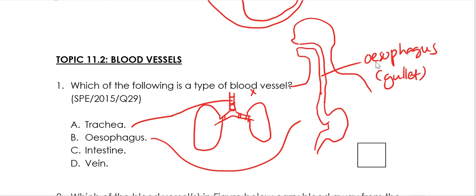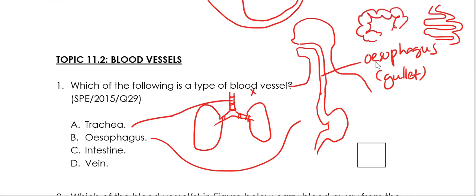Intestine, so you have two types of intestine. You have the small intestine, and you also have the large intestine. So it's definitely not that, but a vein is definitely a blood vessel. That's D.